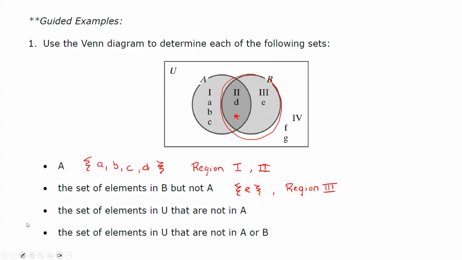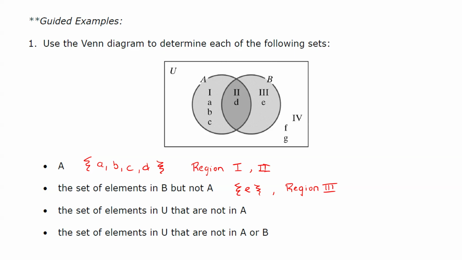Okay. All right. The set of elements in U that are not in A. So U represents the universal set. Okay, so all of the elements that are not within the subset but are elements within the universal set.